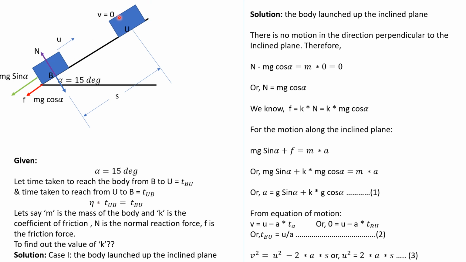It stops here, but it will not remain there because the component of the gravitational force will start pulling it down. So it has to come down. In the question it is given that TBU is equal to n times TUB.